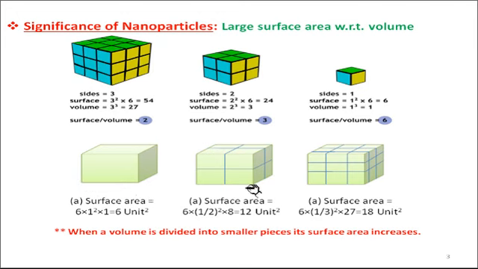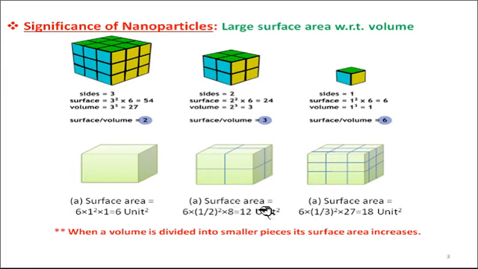But similarly, by keeping the volume the same, if you divide this cube into these parts, 1, 2, 3, 4, 5, 6, 7, 8, you are making 8 smaller cubes with the same total volume.